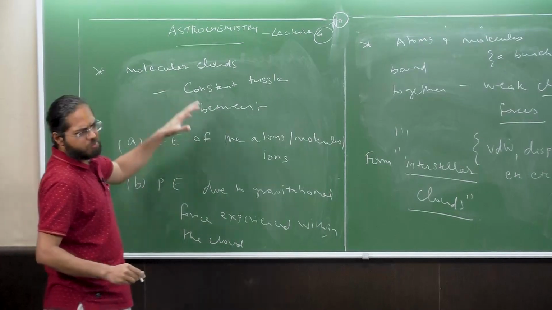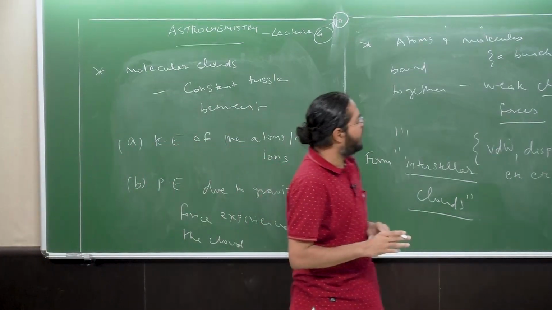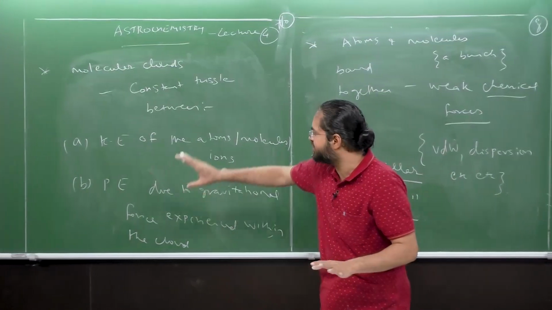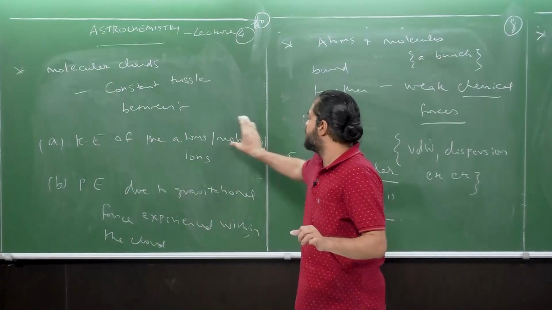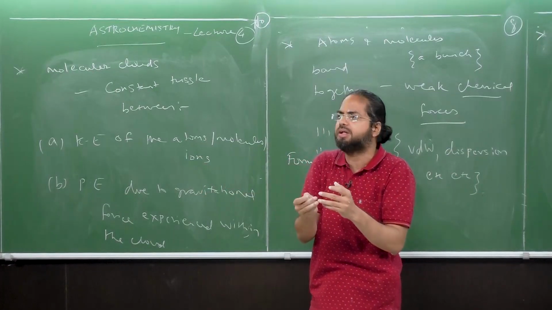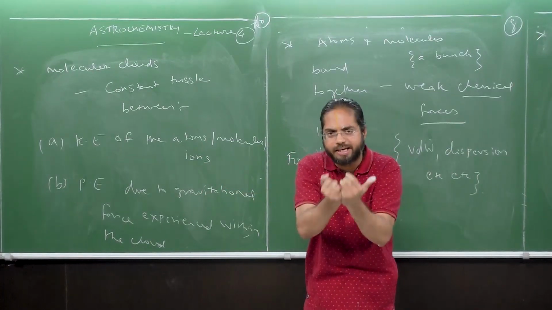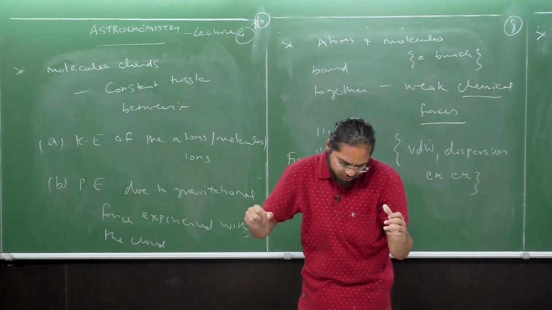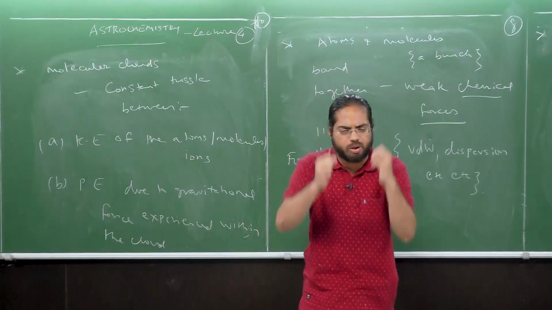There are also, of course, other kinds of magnetic radiations, etc. But for now, we'll just consider the kinetic energy due to the atoms, molecules and ions. As the molecules and atoms collide within the cloud, the cloud has some kinetic energy. There is also the potential energy due to the net gravitational force within the cloud itself.